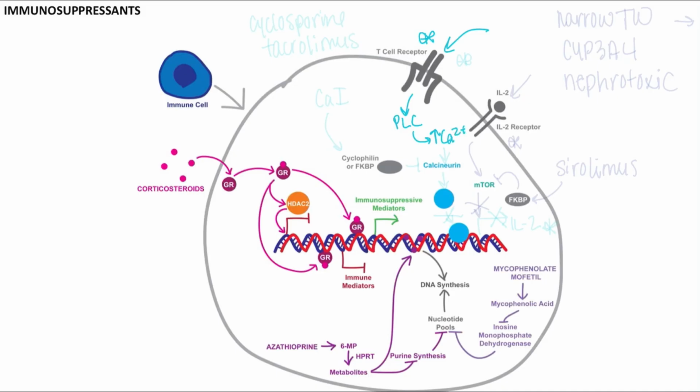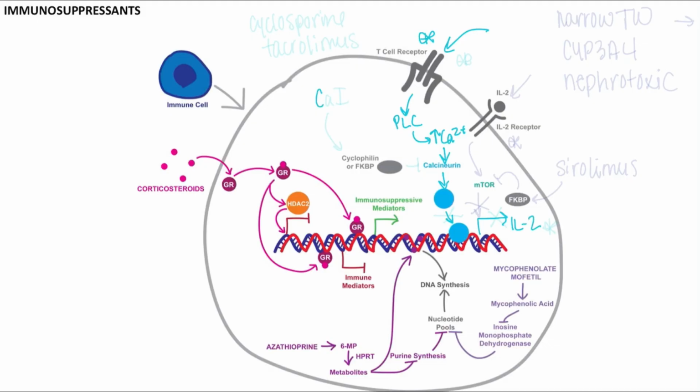Prolonged elevations in calcium allows for calcineurin to exert its phosphatase activity and dephosphorylate the nuclear factor of activated T cells, or NFAT. And then once dephosphorylated, NFAT can then enter the nucleus to promote the transcription of genes promoting T cell differentiation and proliferation, like interleukin 2.